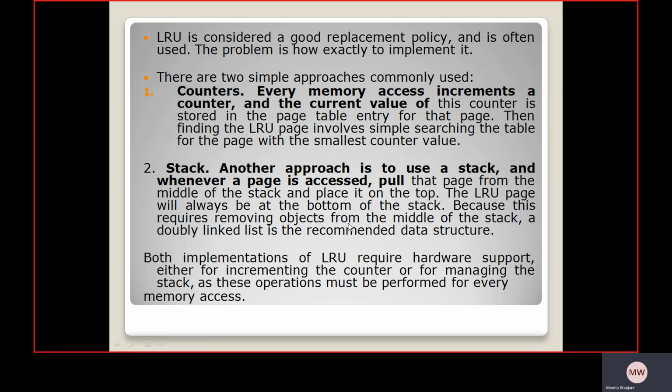The LRU page will always be at the bottom of the stack. Because this requires removing objects from the middle of the stack, a doubly linked list is the recommended data structure. Both implementations of LRU require hardware support, either for incrementing the counter or for managing the stack, as this operation must be performed for every memory access.